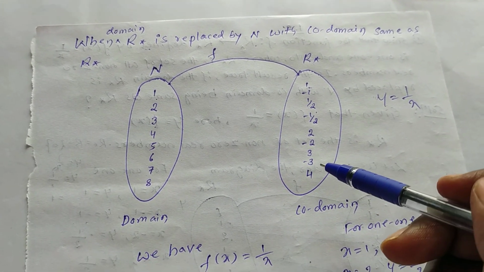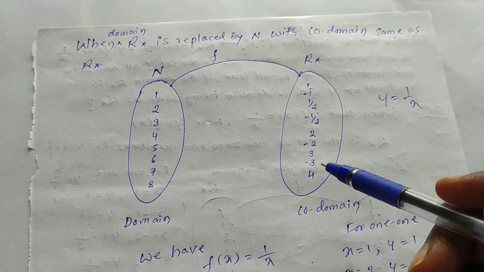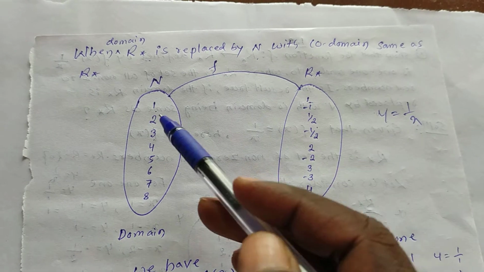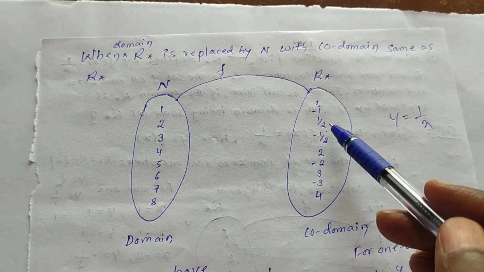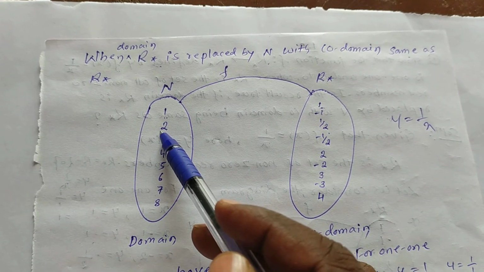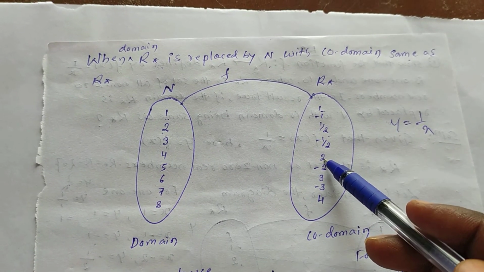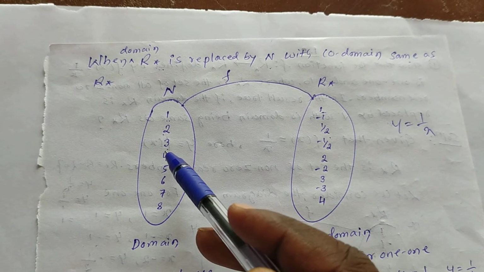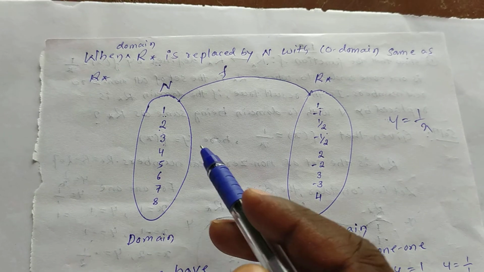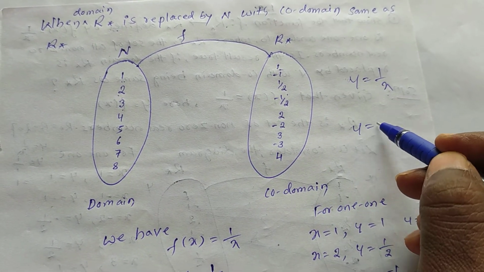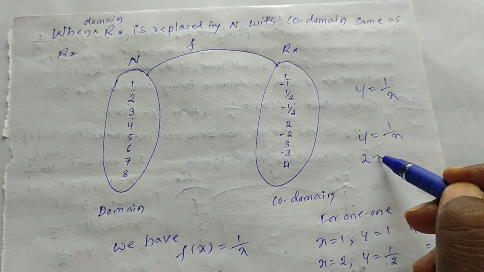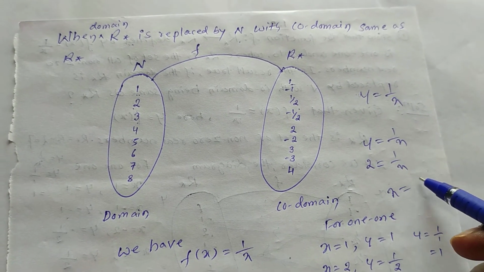Now we have to check whether this is onto or not. Here for y equals 1, there is x equals 1. For y equals 1 by 2, we have x equals 2. For y equals 2, what happens? y equals 1 by x, and x equals 1 by 2.